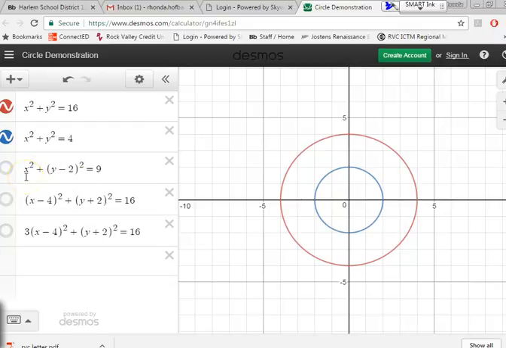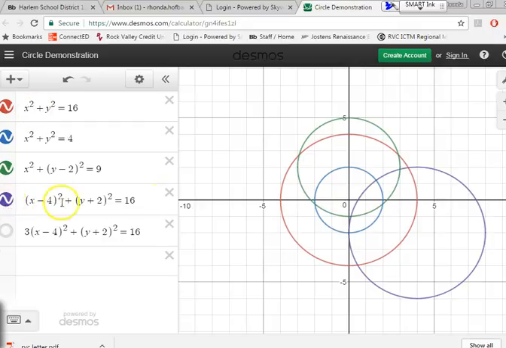The center is going to be at 0, 2, so it's actually going to go up two. Everybody okay with that? And the radius is different. Yes. Okay. What about this fourth one? Okay, 4, -2, and it's the same size as which circle we already did? The very first one, okay? So it's taking that red one and moving it 4 to the right and down 2, okay?